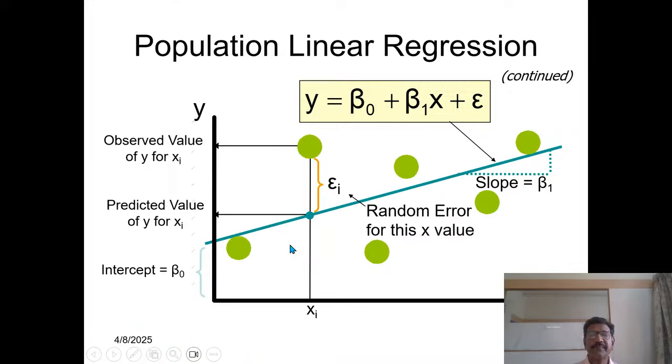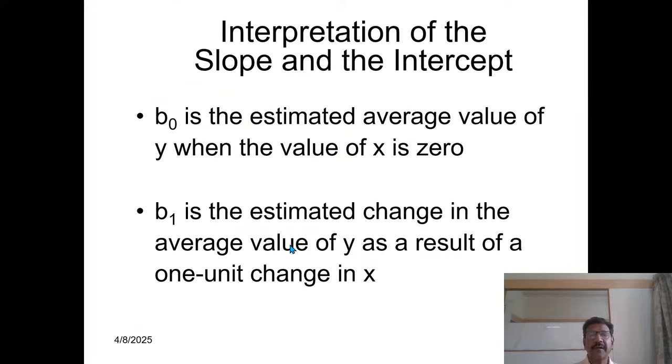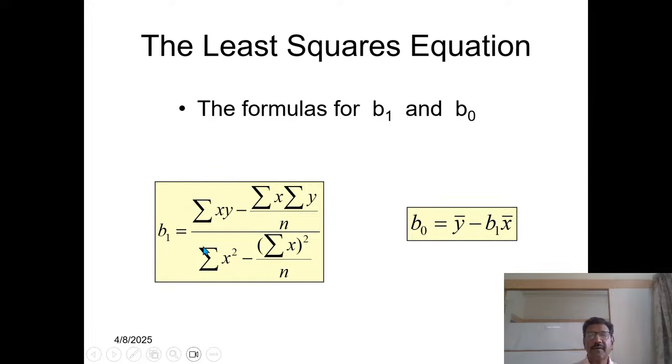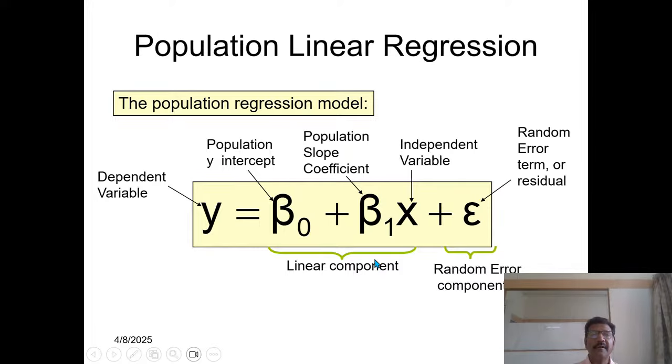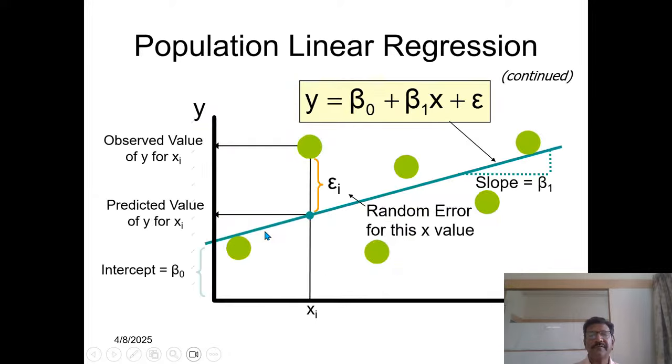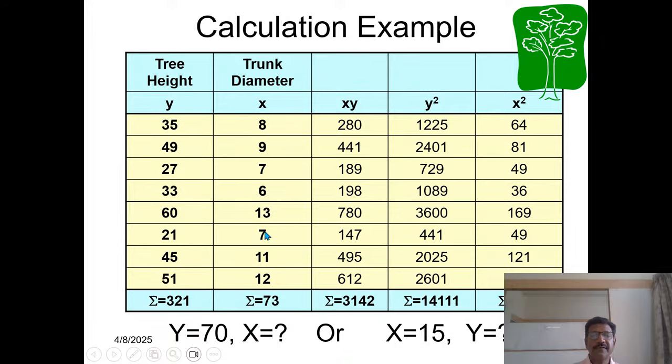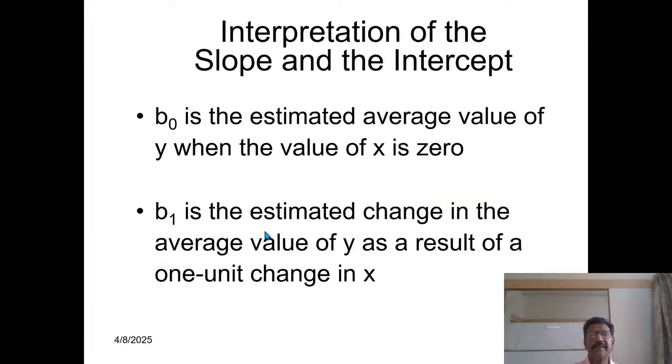Like this, you calculate beta 1 and beta 0. If beta 1 and beta 0 are known, then if x is known, y can be calculated, and if y is known, x can be calculated. This is nothing but the linear regression model.